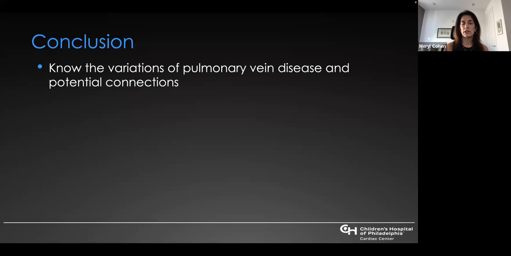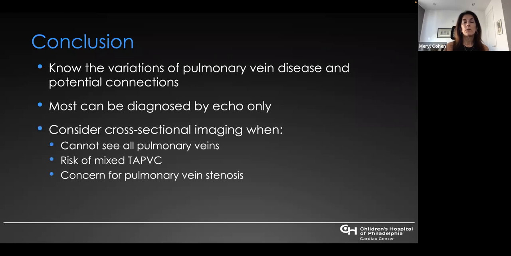So in conclusion, know the variations of pulmonary vein disease and the potential connections when you're imaging a child who you suspect has pulmonary venous disease. Most can be diagnosed by echo only, but we consider cross-sectional imaging when we can't see all the pulmonary veins well by echocardiography, if we suspect mixed total anomalous pulmonary venous connection because the prognosis is different for that subset of patients, and because the surgeon needs to know what strategy they might need to perform.